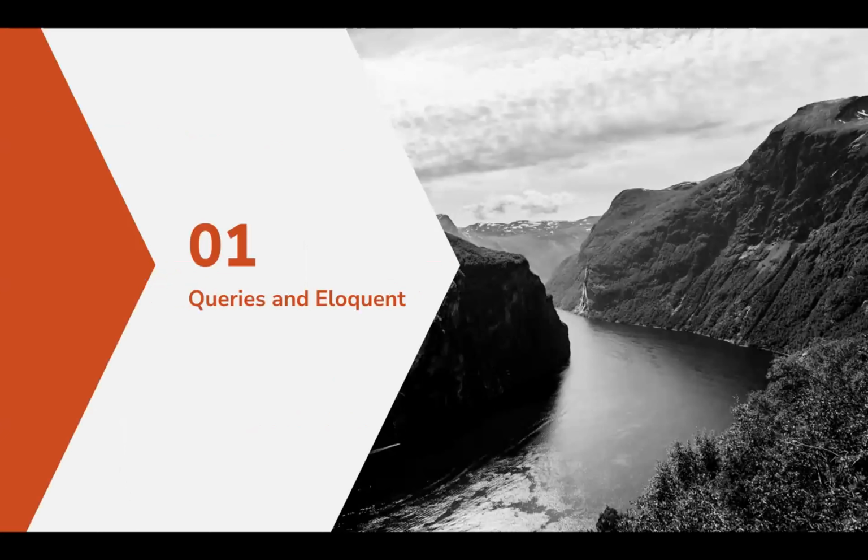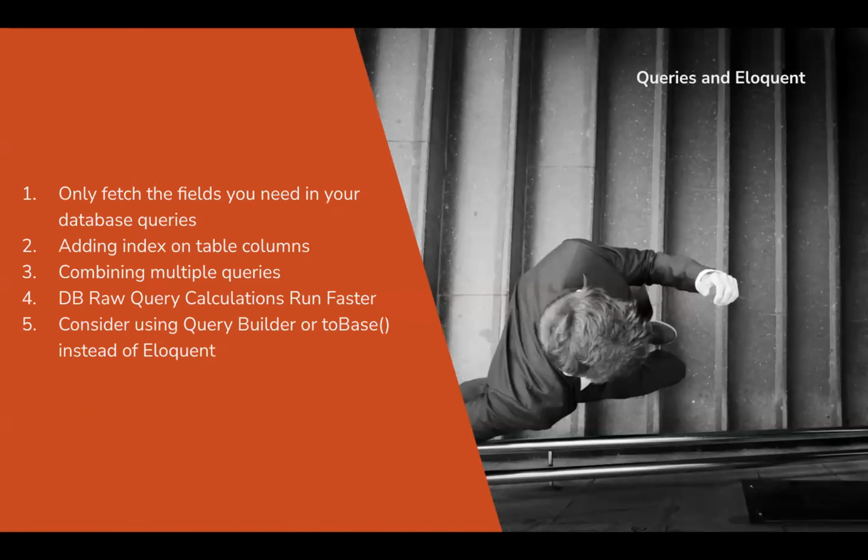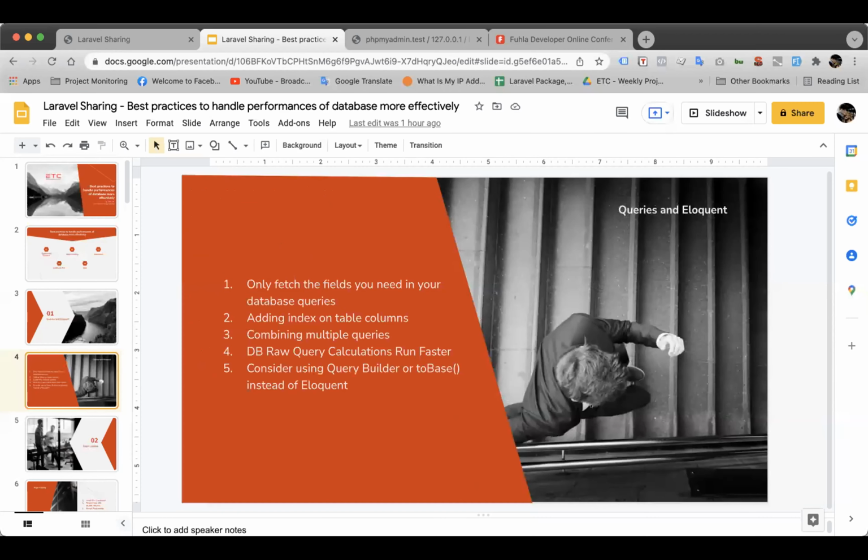So first one, the queries and Eloquent. We should always keep in mind to fetch only the fields that we need in your database query. I will try to show some of the coding so you can visualize more easily how it works.